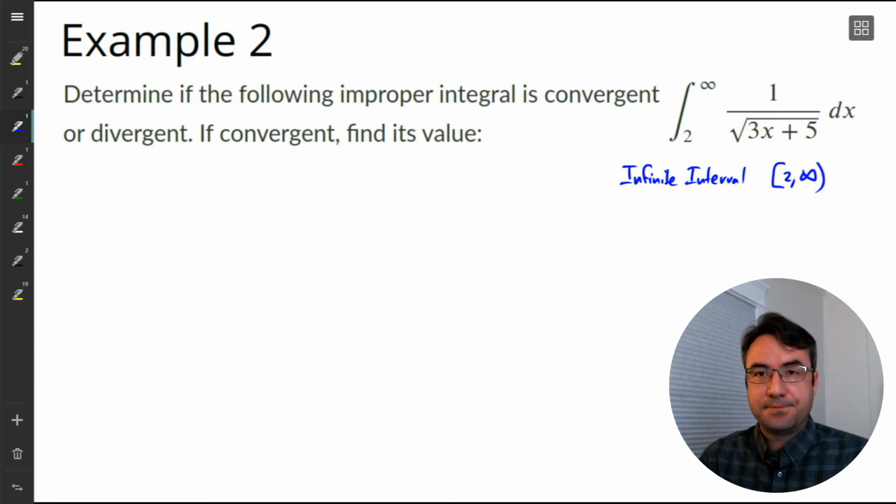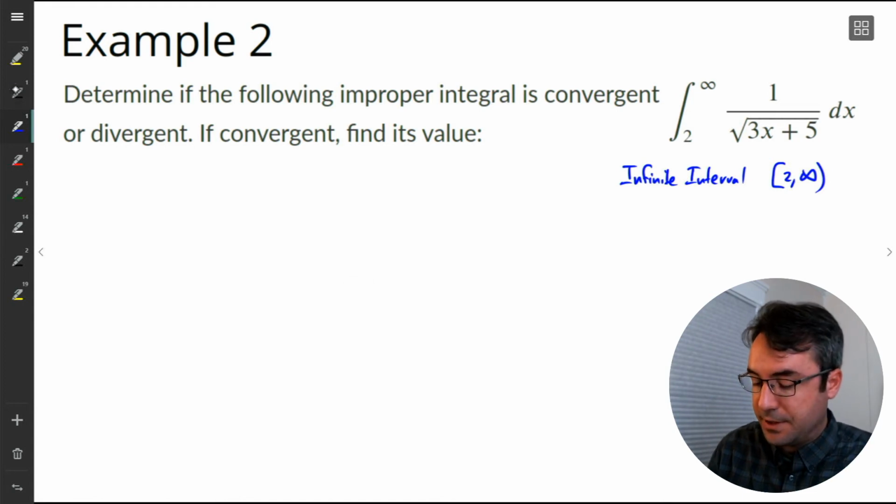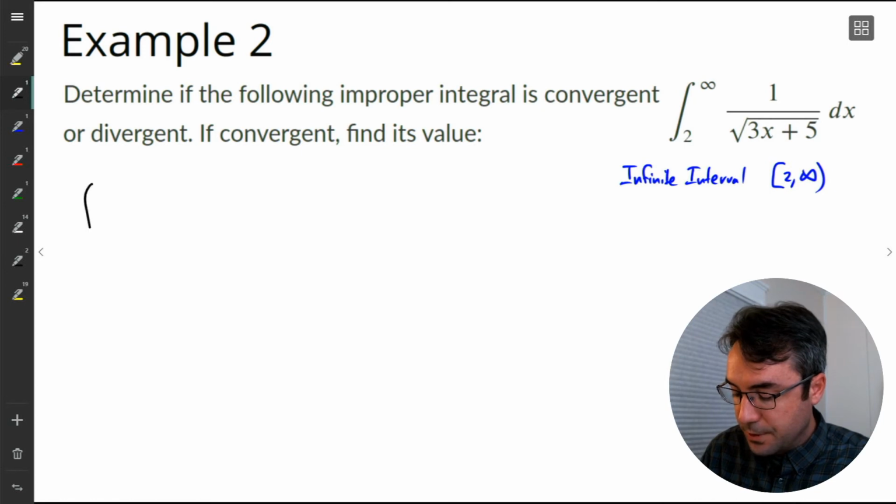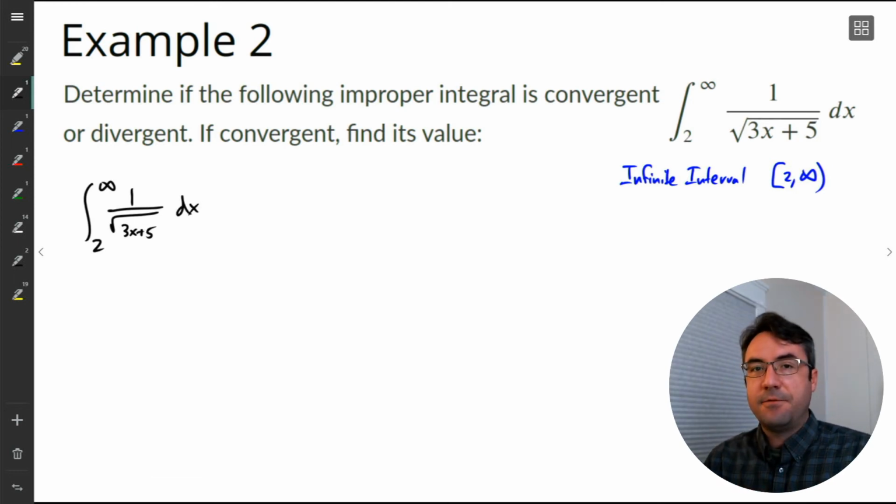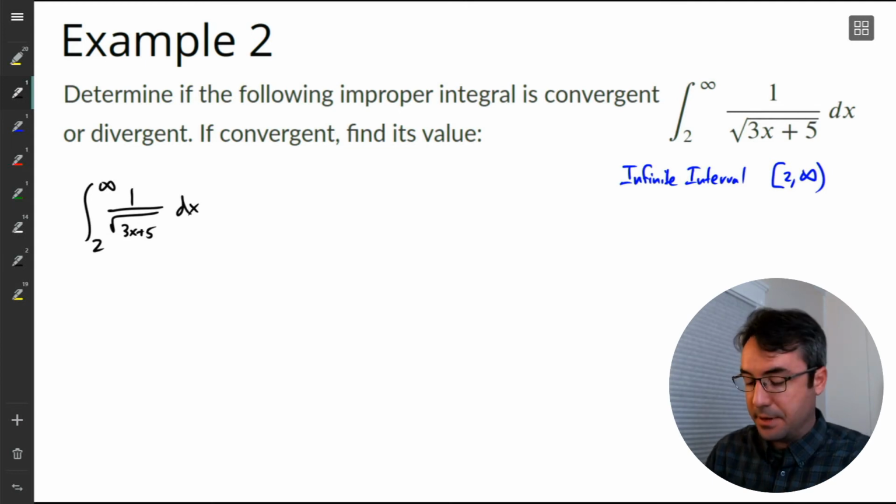All right, let's go through the process again. Try this one out. So we're doing the improper integral from 2 to infinity of 1 over the square root of 3x plus 5 dx. Very first thing we do, rewrite that improper integral as a limit.